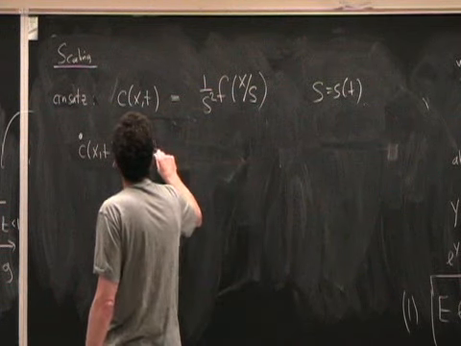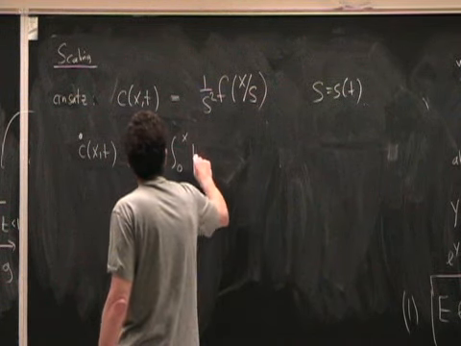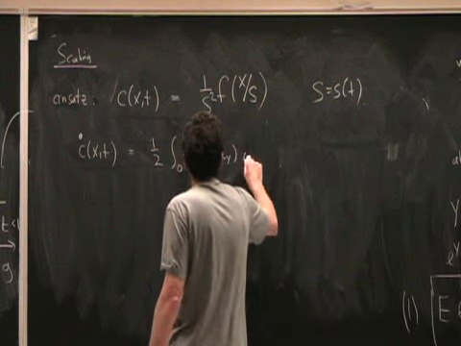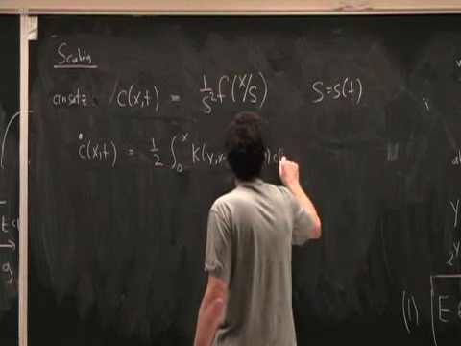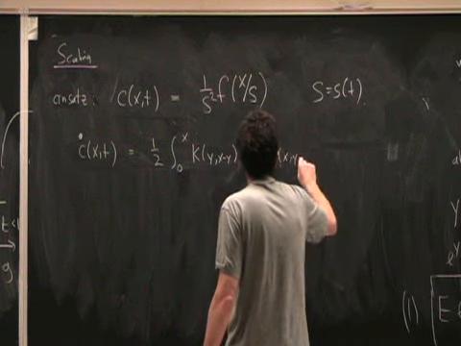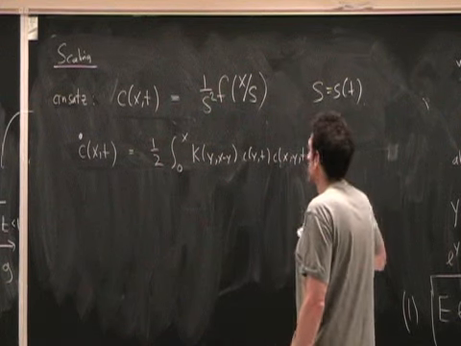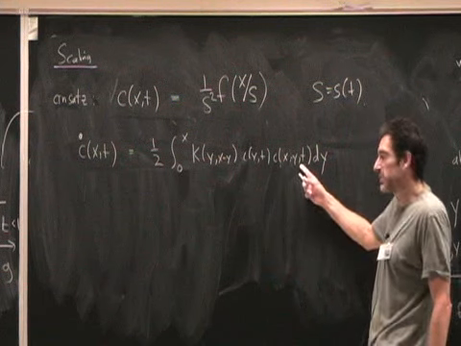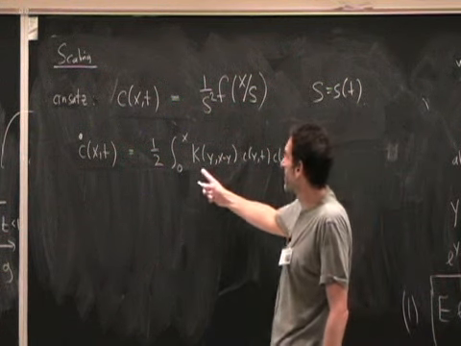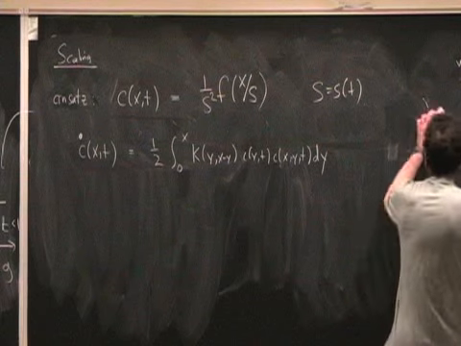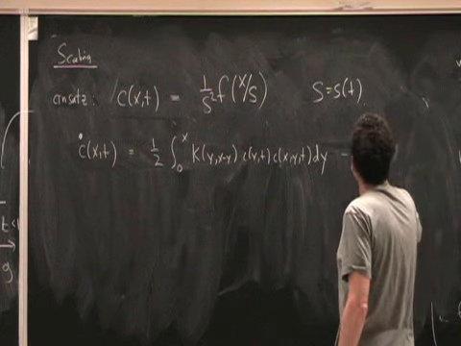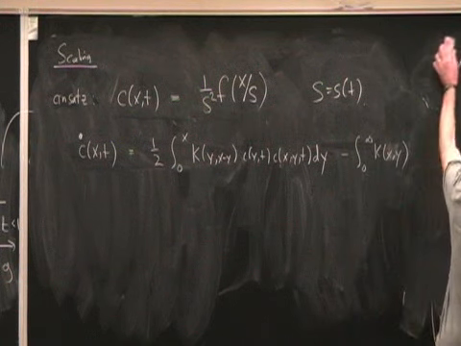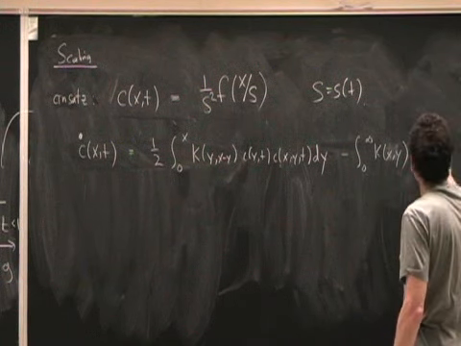And so they'll do something like this: 1/2 integral from 0 to x, K(y, x minus y) c(y,t) c(x minus y,t) dy. So this is the gain term: a cluster of mass y comes to a cluster of mass x minus y and makes a cluster of mass x with this rate. And then there's a corresponding loss term, minus the integral from 0 to infinity, K(x,y) c(x) c(y).